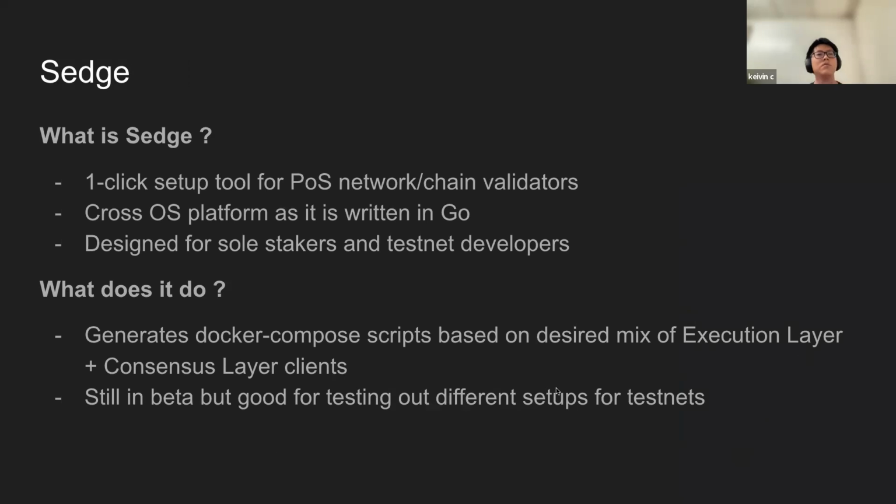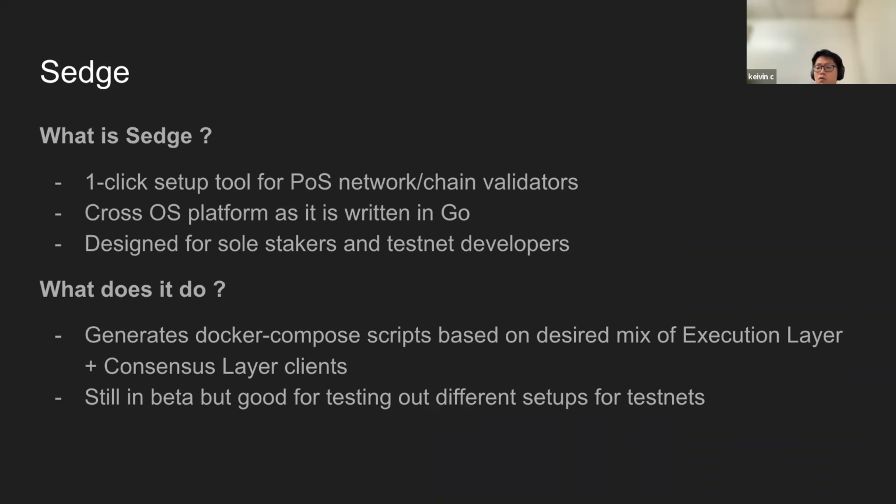So that's the gist of it in terms of theory. Now I'm going to talk about Sedge. Sedge is a tool developed by the Nethermind team, and they open sourced it. Basically, it's a one-click tool to set up nodes for the network and chain validators.